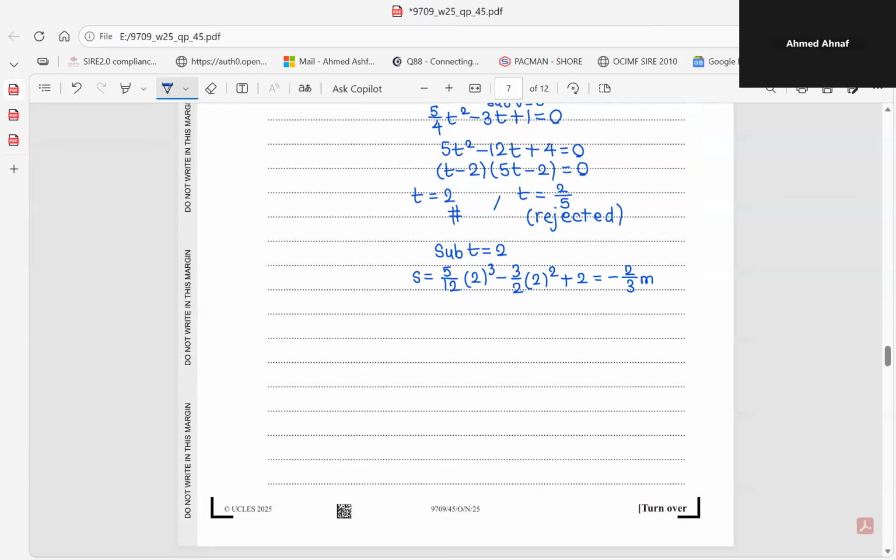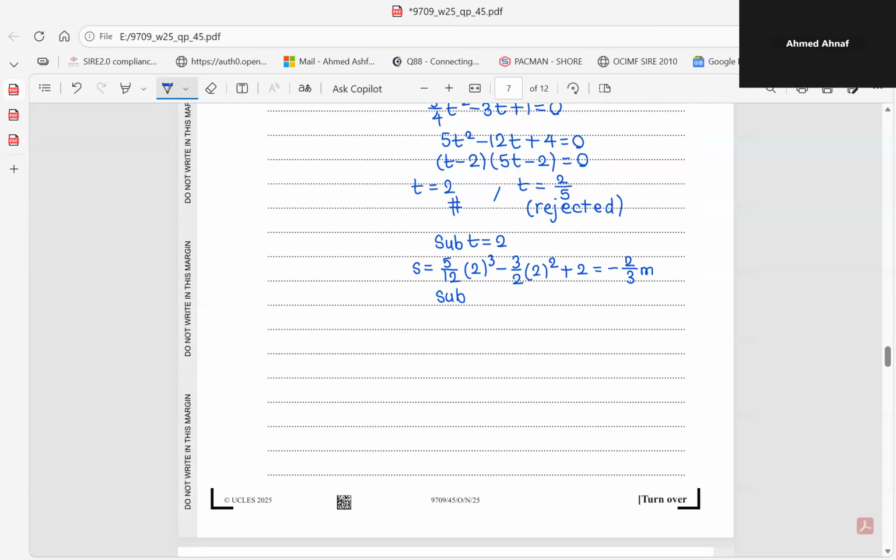Now we're going to substitute t equals 3. It's probably going to be a lot lesser, but that's okay.